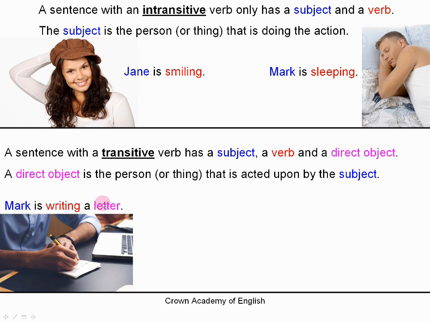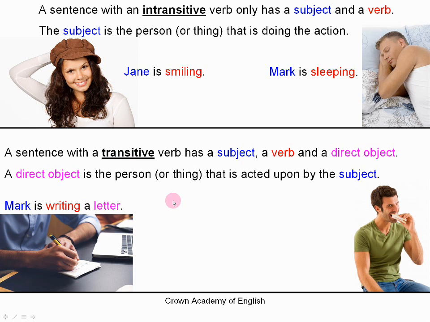Because Mark is writing it. Okay? So here, writing is transitive. David is eating a sandwich. David is the subject. The verb is eating, and the direct object is sandwich. So eating is a transitive verb.